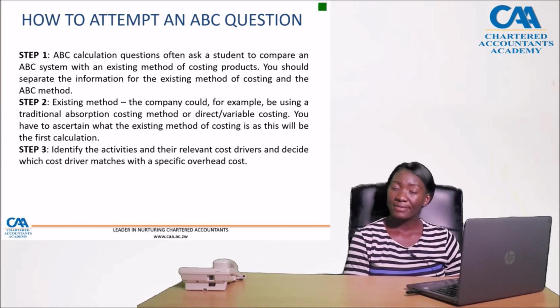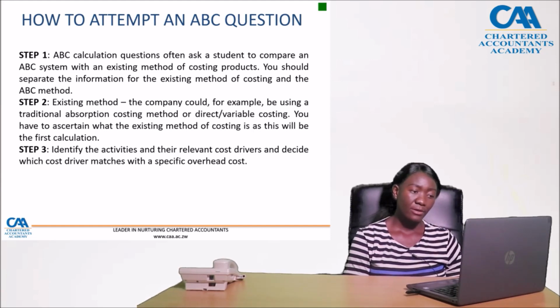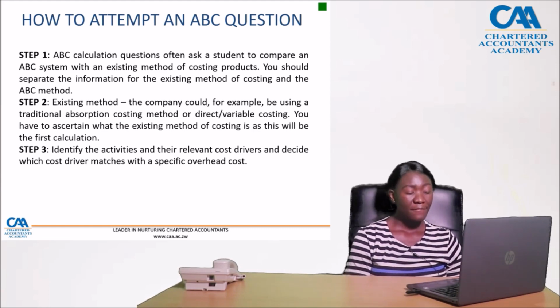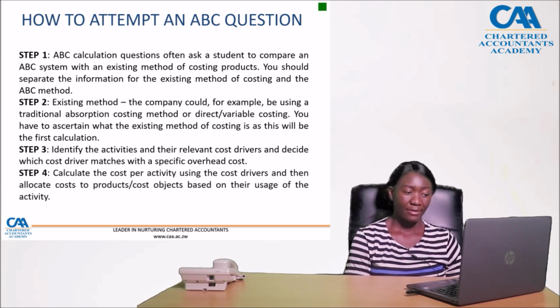So using my ABC, I identify the activities, the cost drivers, I calculate the activity rate, and I assign cost to the cost objects to obtain my total production cost. From there onwards, I can be able to compare.